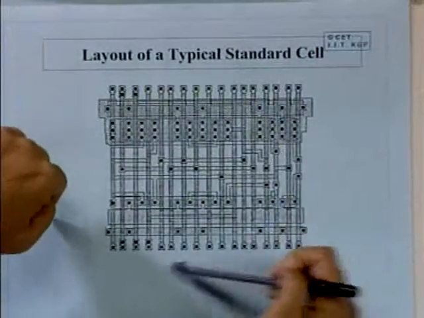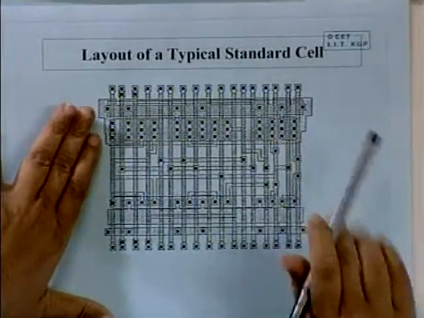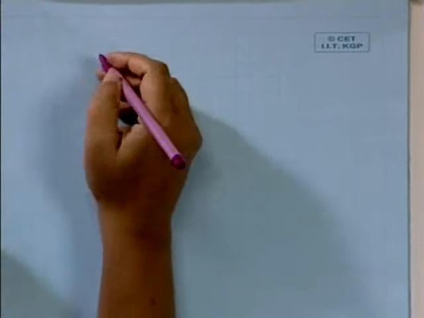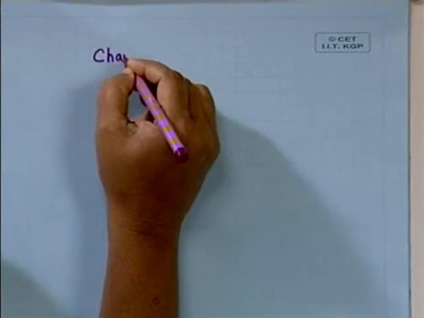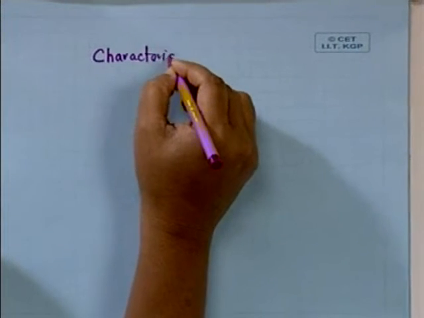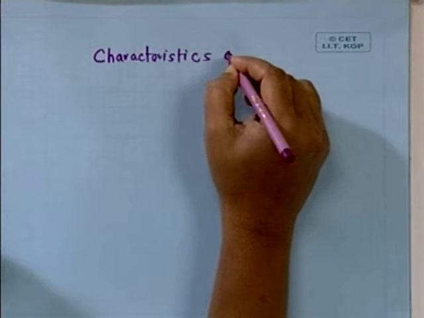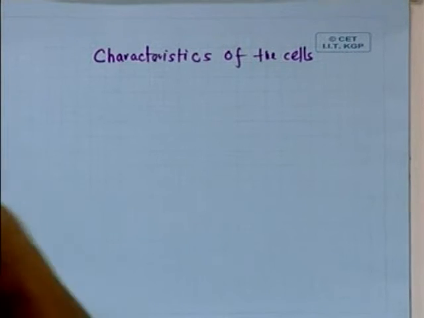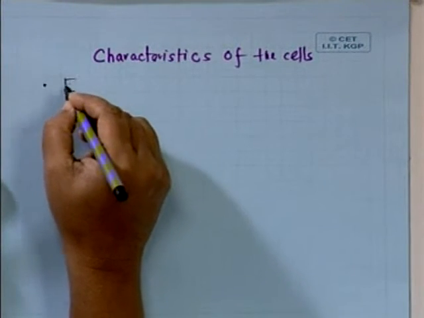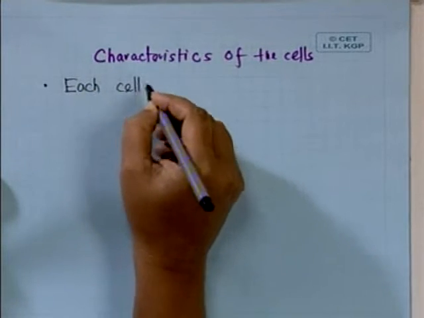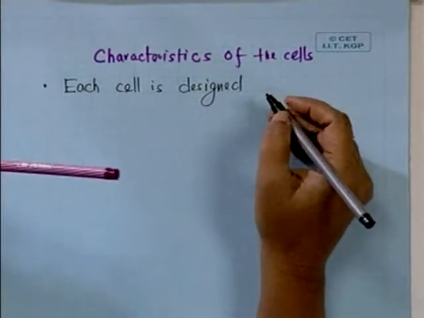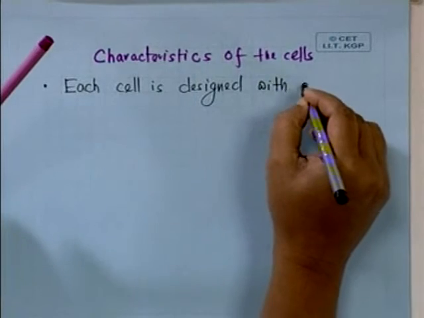So now we see only that type of standard cells. Now the characteristics of each cell, I am just giving some points, later we will discuss the inner details. Each cell is designed with a fixed height.